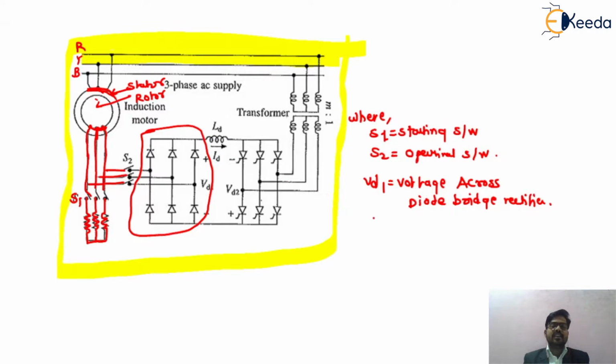Then LD is the inductance for smoothing out the ripples in the circuit. ID is the current flowing through the inductor, the DC link.